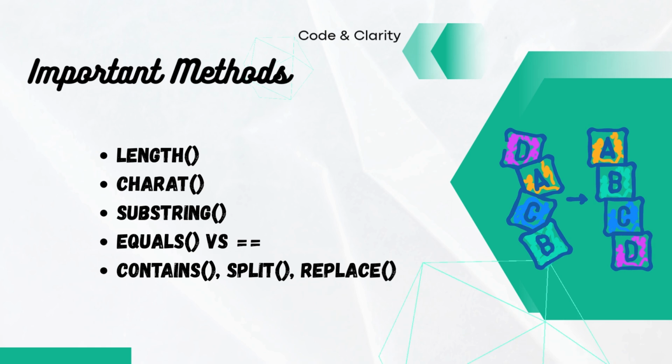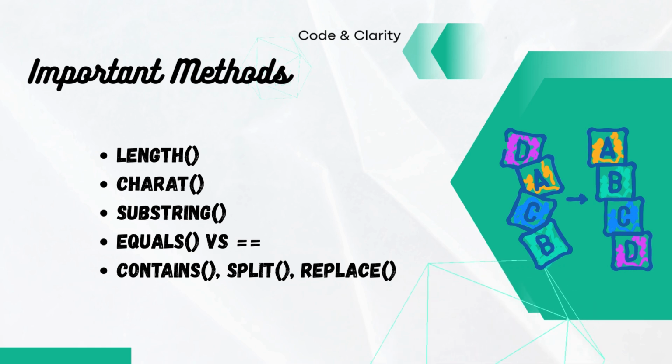The next one is equals(), and within the brackets you write Object obj, because it compares the content of two strings. Next is the double equals sign. Double equals sign compares the references, not the content, remember, keep in mind.